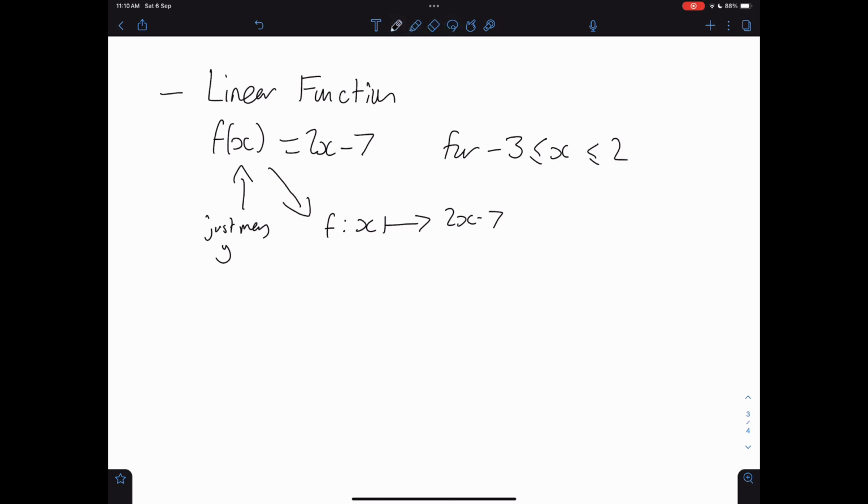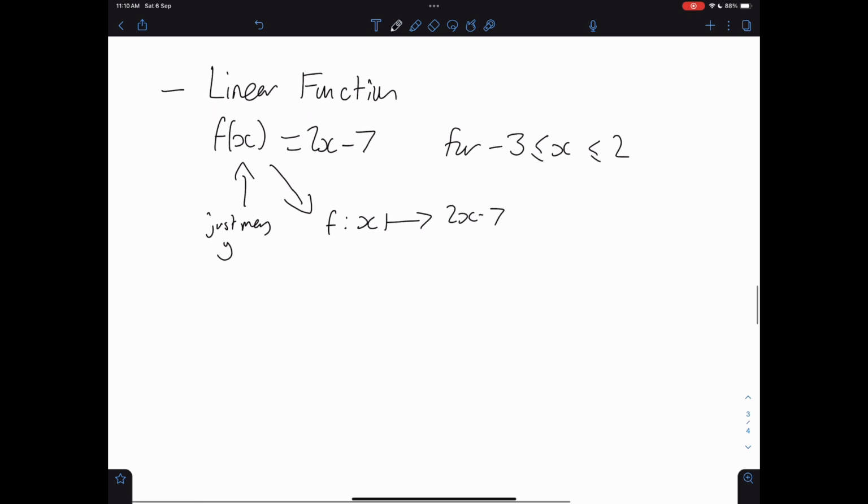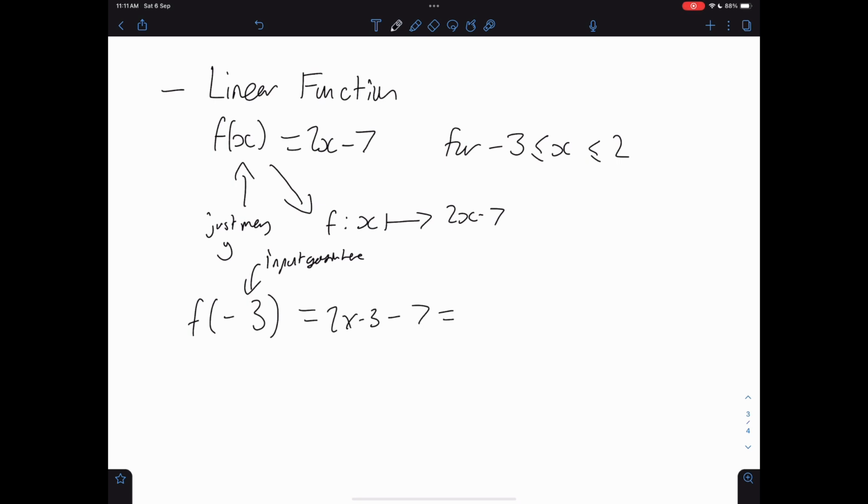Anyway, so for a linear function, essentially you just substitute both of your bounds in, and then see what happens. So f of minus 3, your input goes in here. So it's minus 6 minus 7, which is minus 13.